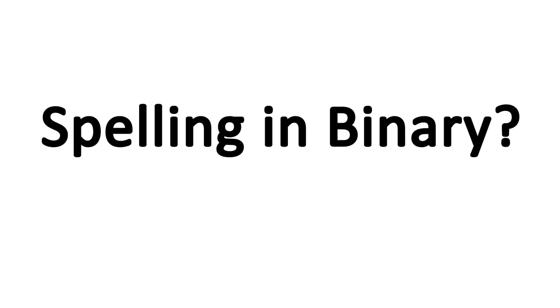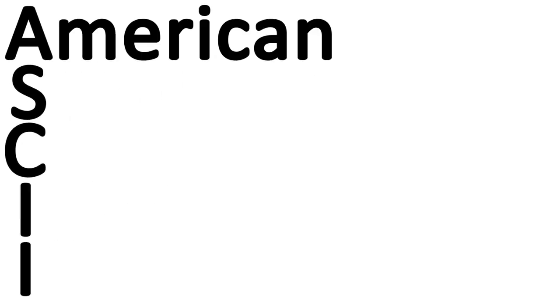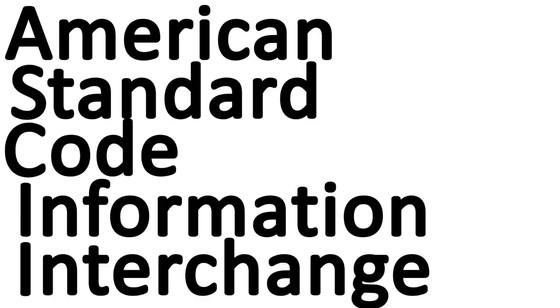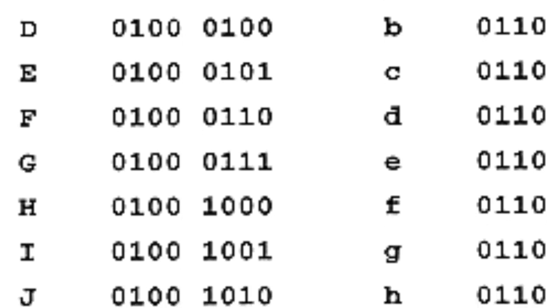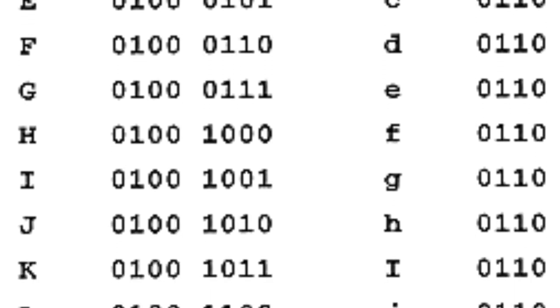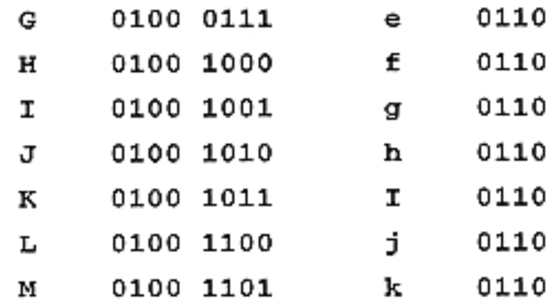So if binary is just a system of counting, what do people mean when they explain how to spell things in binary? Well, what they really mean is how to spell things with ASCII. The American Standard Code for Information Interchange is a way to convert a computer's data, which can only be in numbers, and turn it into letters for humans to have an easier time to work with. ASCII simply assigns a character to each value represented by a byte of binary.